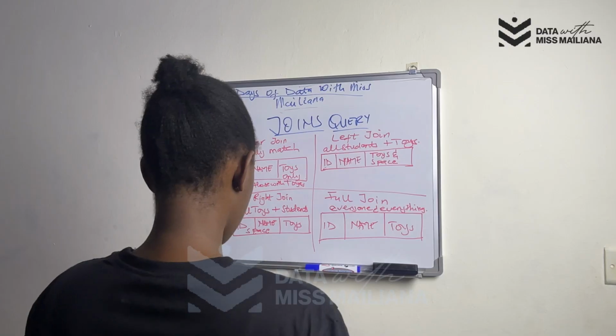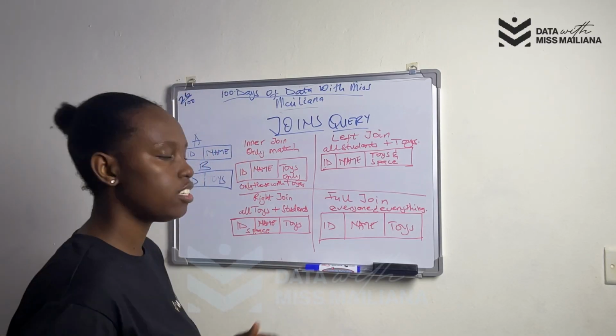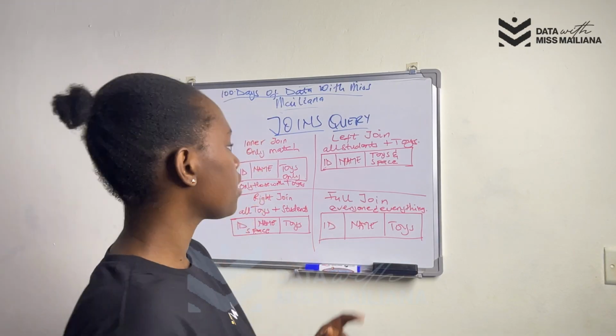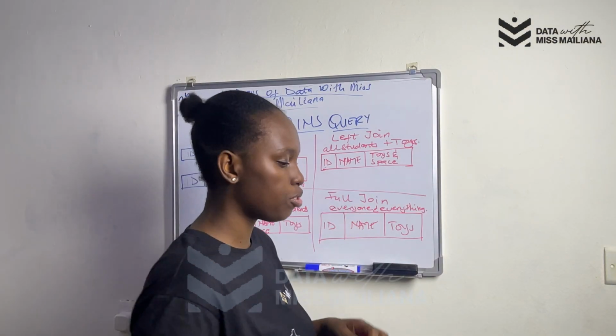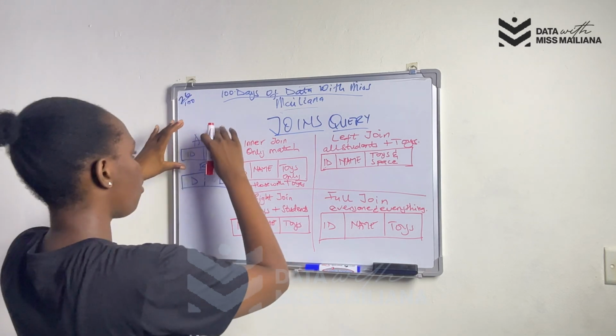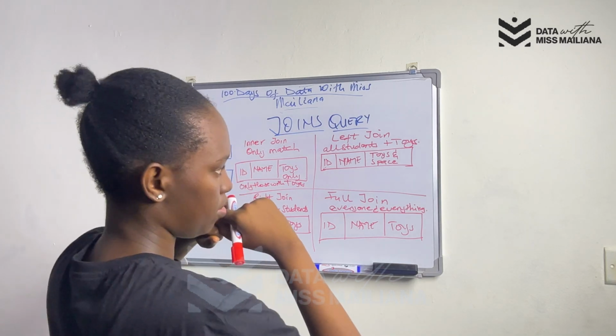Okay. So inner join is for matching. All those who have toys come out. When it comes to left join, let's say our left is the students. So all students come out.